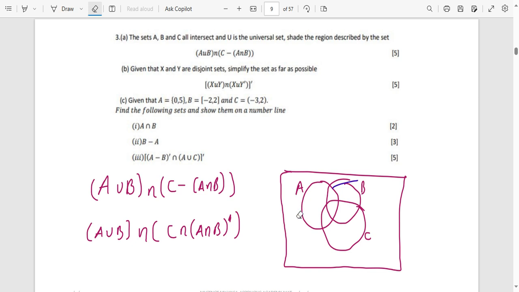So the region is going to be this. This region I've shaded is outside A intersection B, but it is in C. Hope you get that. Is that clear? Is that okay?